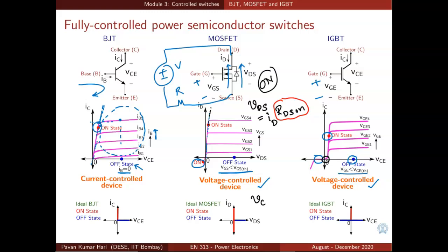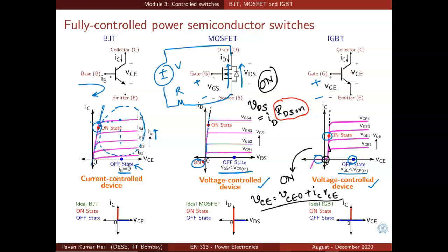So VCE in the on state can be written as VCE naught plus IC into RCE. It is just like the diode characteristic, where RCE is the inverse of the slope of this straight line region. This is the on state of IGBT.